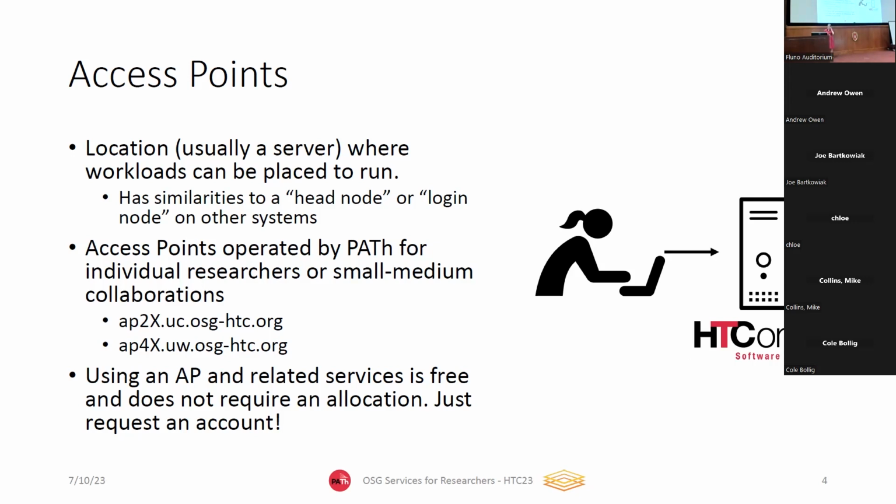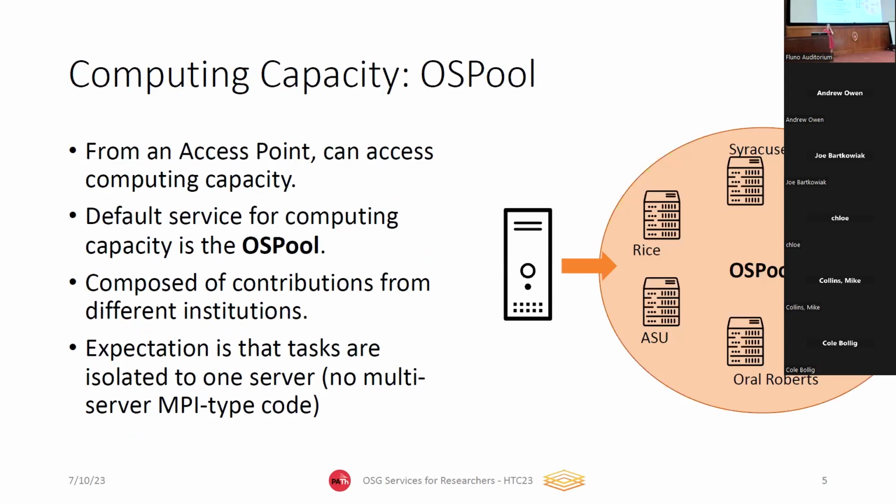So what does the access point give you access to? Well, a big piece of that is computing capacity. So this is another component of the workload that needs to be addressed. The main service that we run that provides computing capacity is the OS Pool. And it's come up a couple times already today, but it's a federating together of compute resources at different institutions, campuses, national labs, to give the appearance of sort of one big pool of computing capacity.